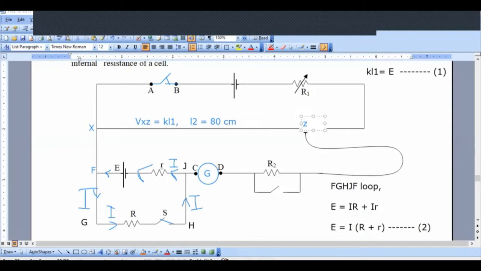Then only you can understand. Earlier you refused to take a screenshot and draw, so now you draw it quickly. Please quickly draw this. This is the circuit when the switch S is closed.